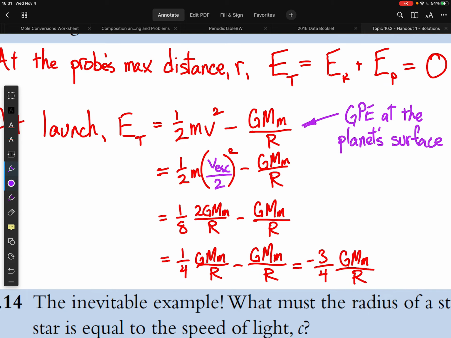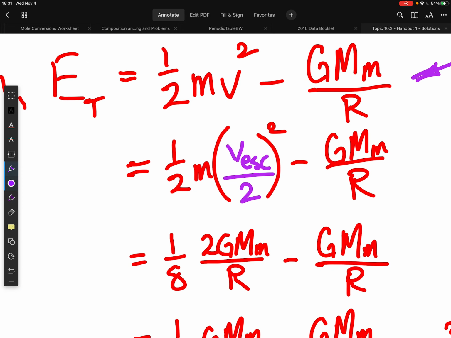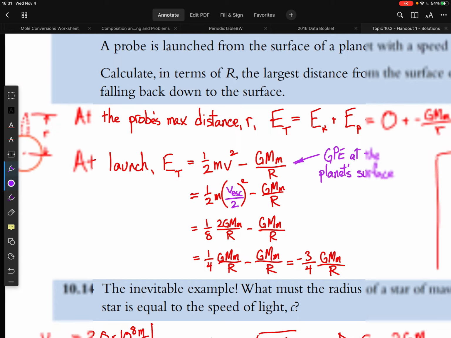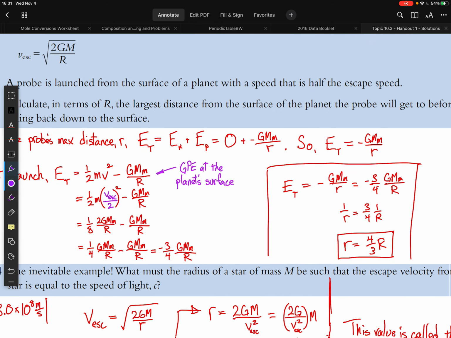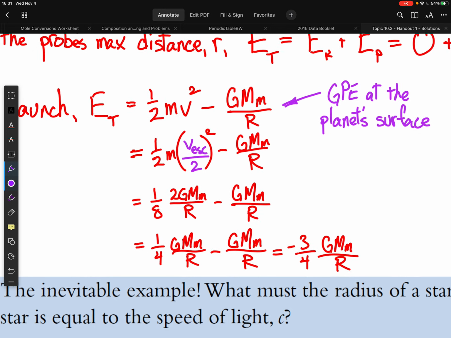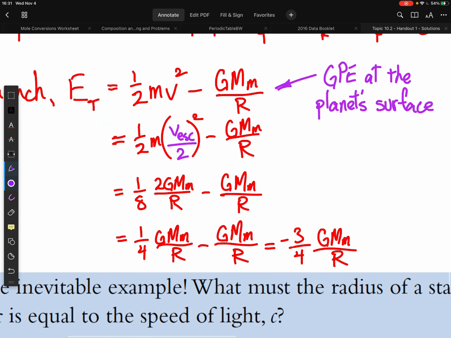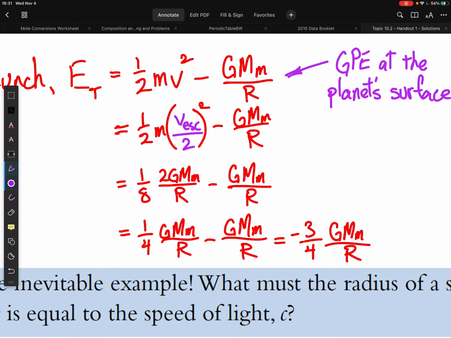The bit of algebra we need to do is to plug our escape velocity in. So our kinetic energy then will be 1/2 mass times the escape velocity halved, and that value will be squared. Remember, we're told that the probe is launched with a speed that is half the escape speed, so that's what we're plugging in here.